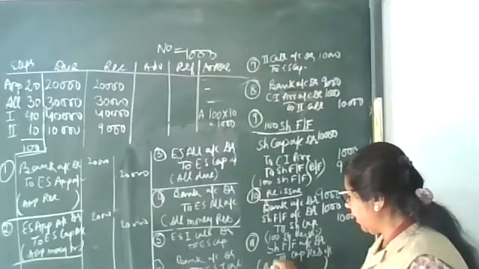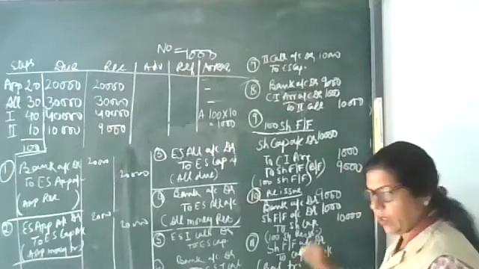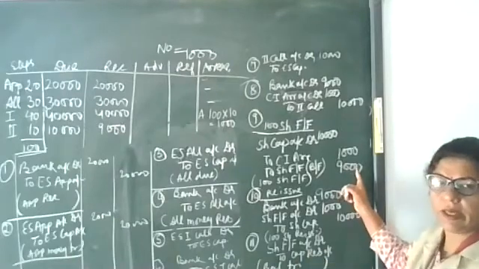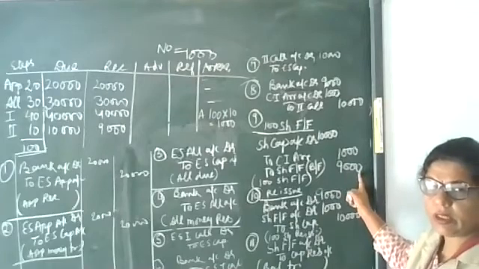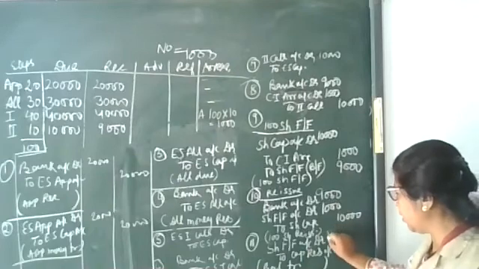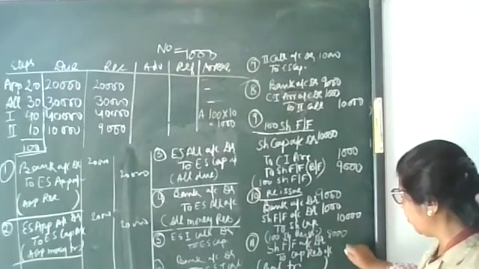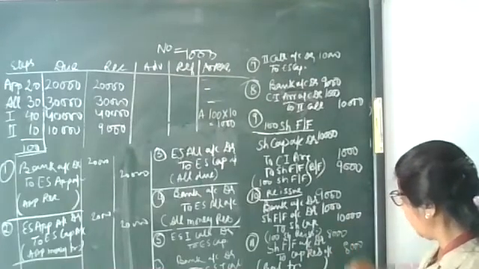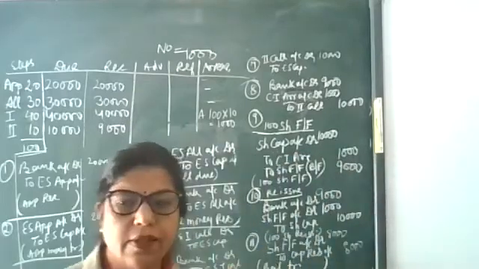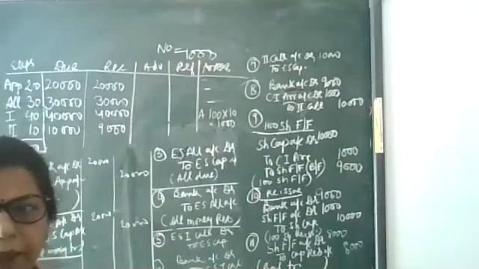Narration, balance transferred. Then how to transfer the balance? See here in the credit that is 9,000, in the debit that is 1,000. So balance transfer is 8,000. This is the complete numerical you can have in the exam.